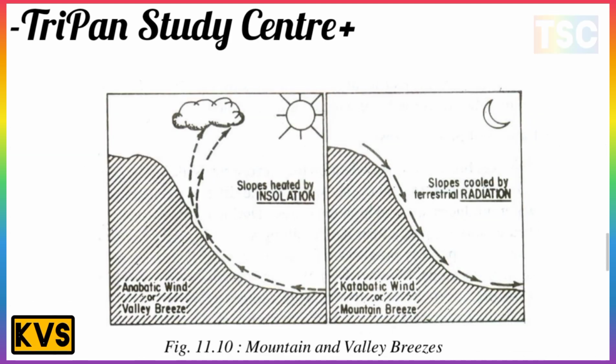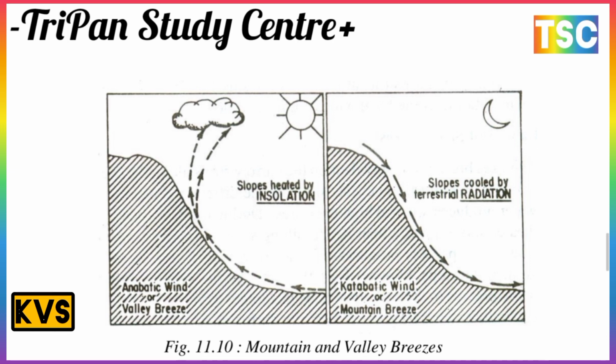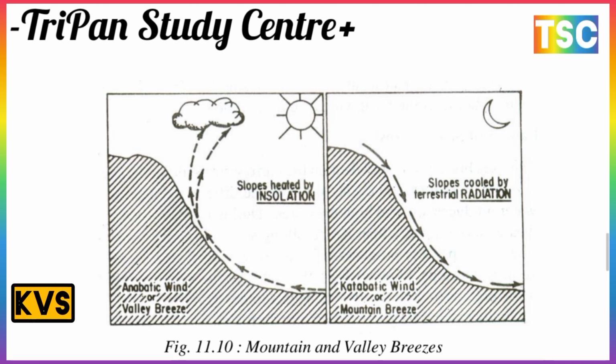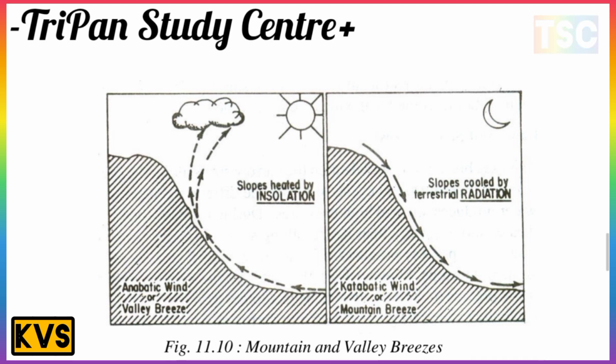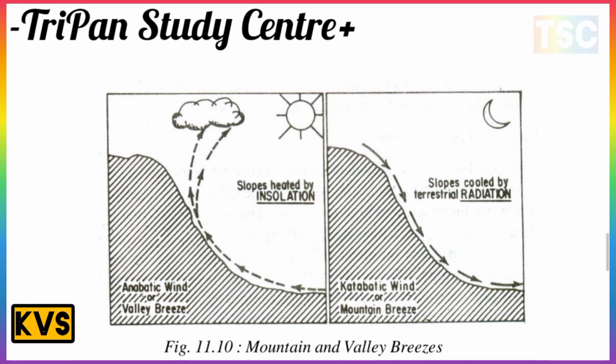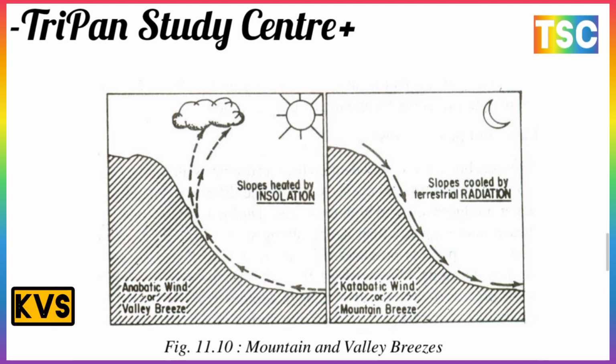Most important here is the diagram of the mountain and valley breeze. The two diagrams show the slope heating by insolation and the slope cooling by terrestrial radiation. In the condition here, the sun is there and the moon is there. The katabatic winds are the mountain breeze on one side, and the valley breeze on the other side.